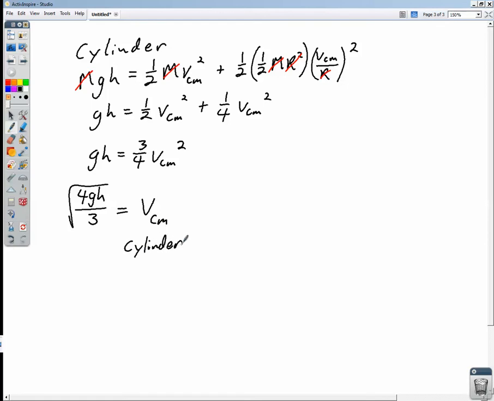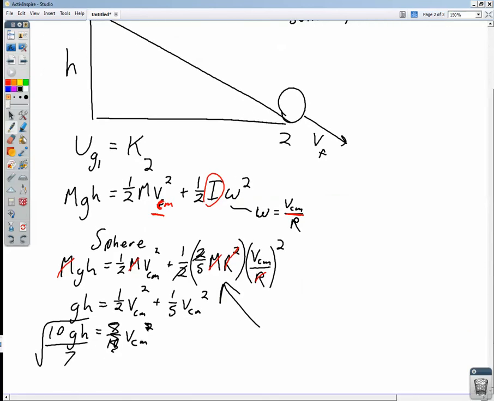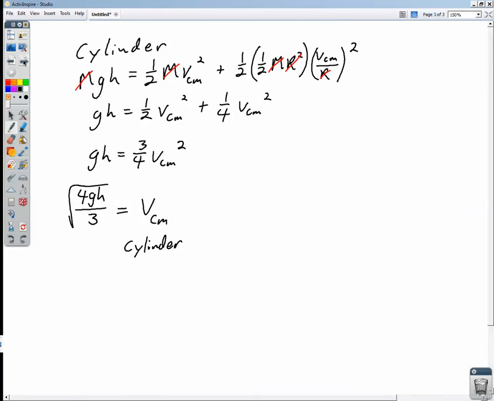And going back to the last page and writing down what we got for the sphere, it was 7/10 or 10/7. So let's write that down: the square root of 10gh over 7 is equal to VCM for the sphere. All right, so who made it down faster?